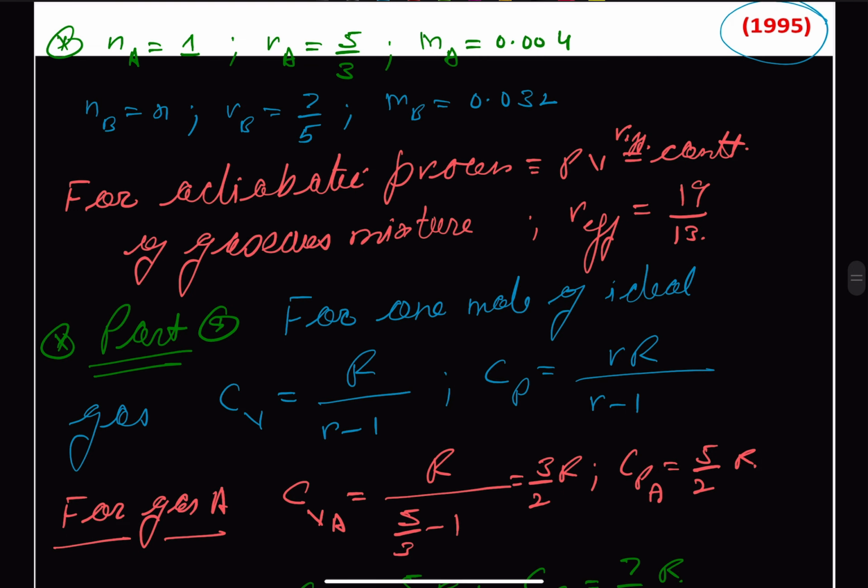We know that PV raised to the power gamma effective is constant, or we can say gamma effective is given to us, so we can find out its value.